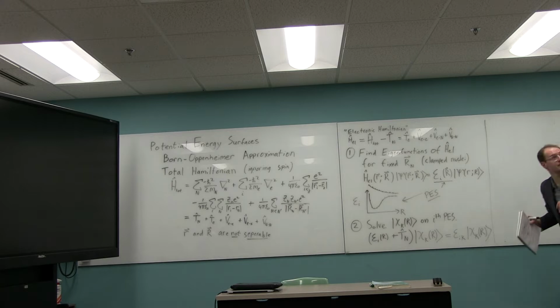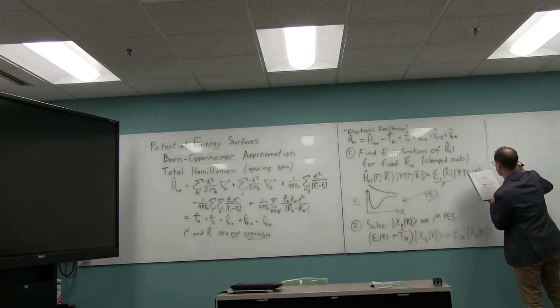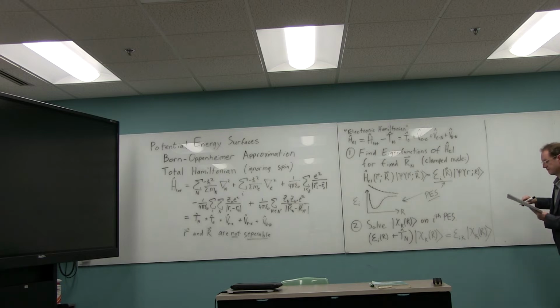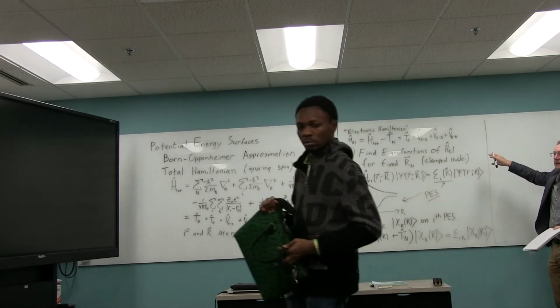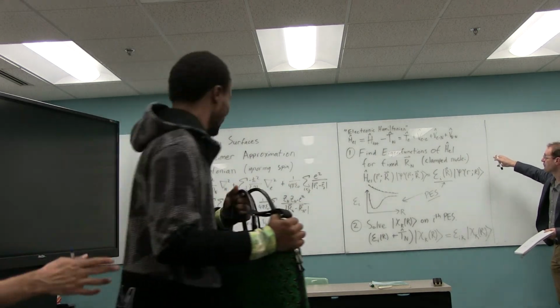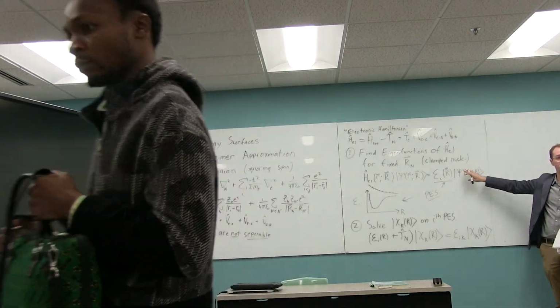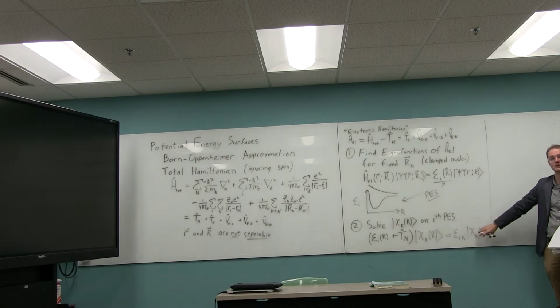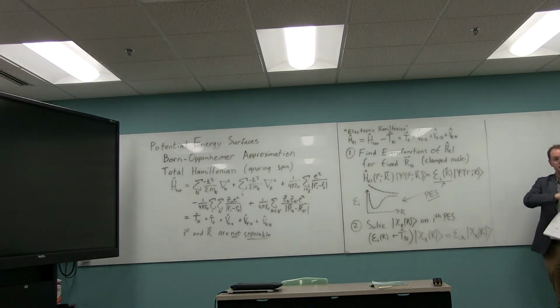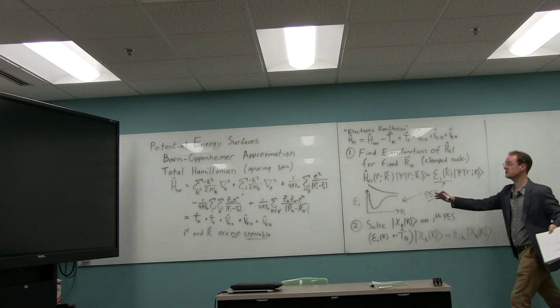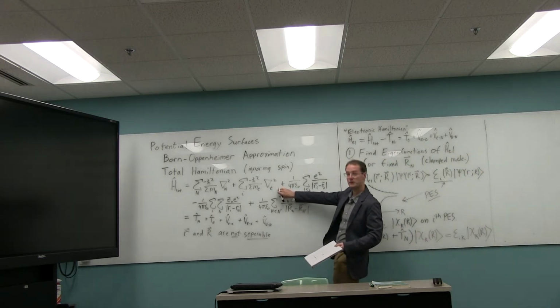And so in general, this is an approximation, but the Born-Oppenheimer wave functions, right, the electronic wave functions that you get and the nuclear wave functions that you get, they form a complete basis set. So you can always write the real wave function, which is the eigenfunction of this total Hamiltonian.